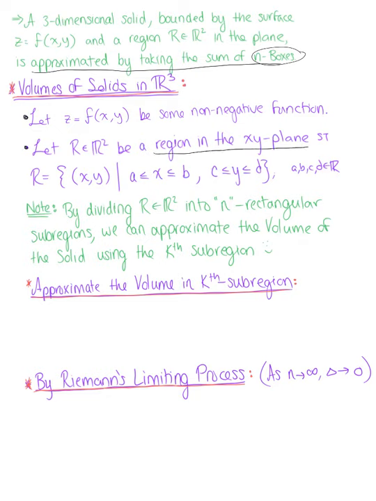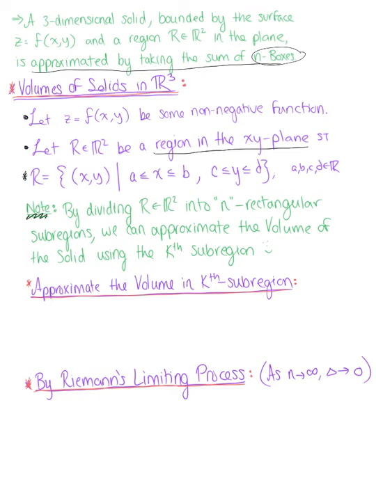So this is our rectangular region. And we define R here as the set of all points x, y, such that x is greater than or equal to a, less than or equal to b, and y is greater than or equal to c, less than or equal to d, where a, b, c, and d are all scalars or constants.